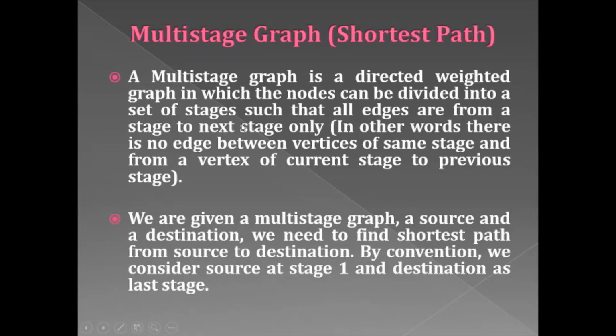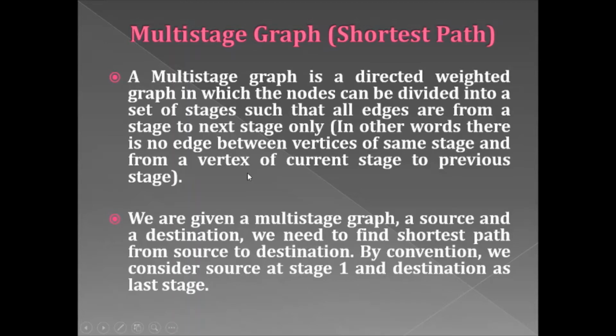So this multi-stage graph is nothing but a directed graph, or digraph, where some set of vertices are collectively taken as one stage, and the edges from vertices go to the next stage. There is no edge between vertices of the same stage or a previous stage.